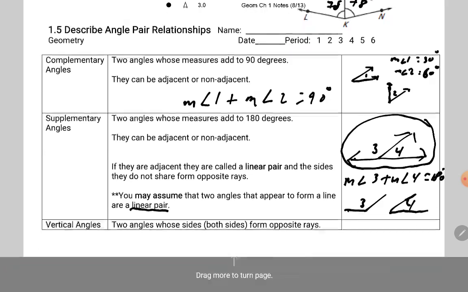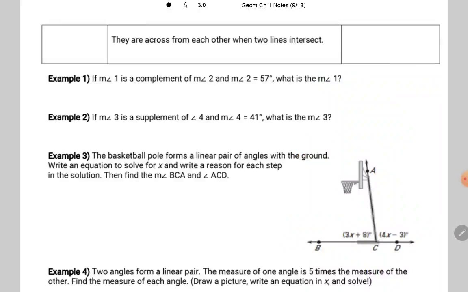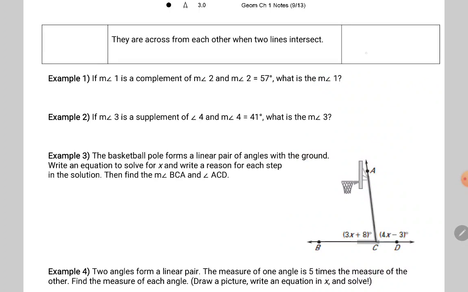Alright, vertical angles. So vertical angles, you want to think of an intersection, basically. The sides form opposite rays, so they're going in different directions. And you have an intersection, and angles, so let me call this 1, 2, 3, 4.